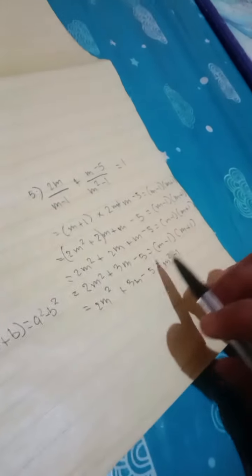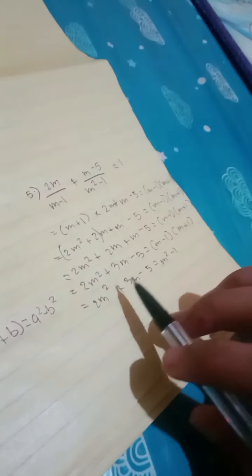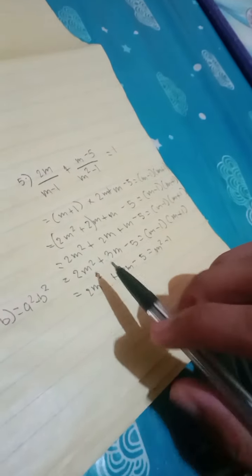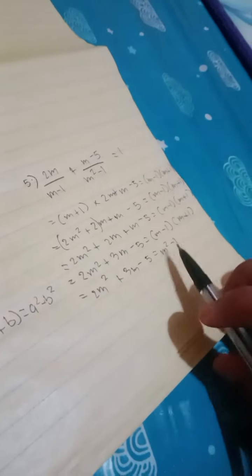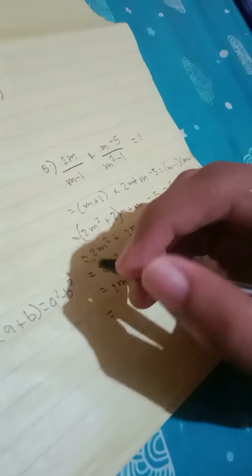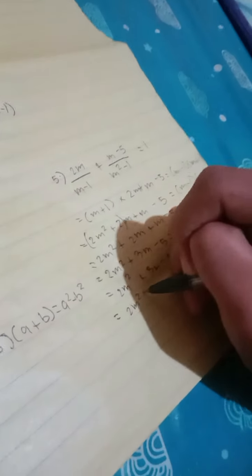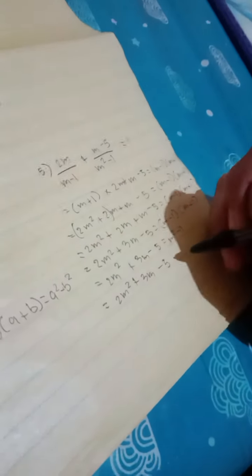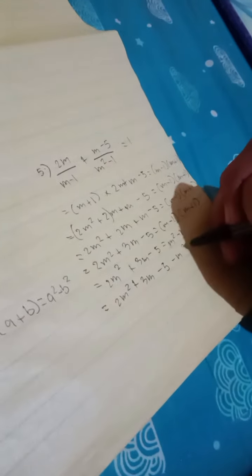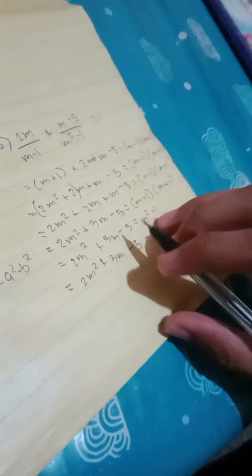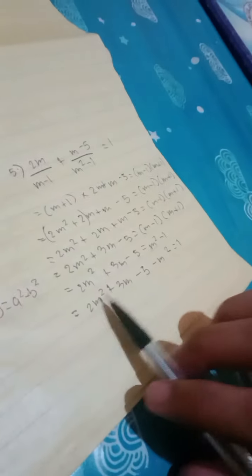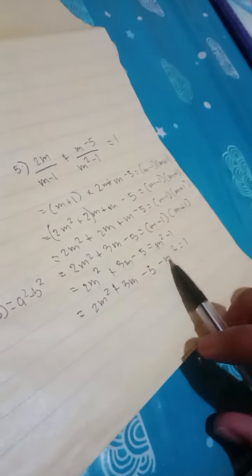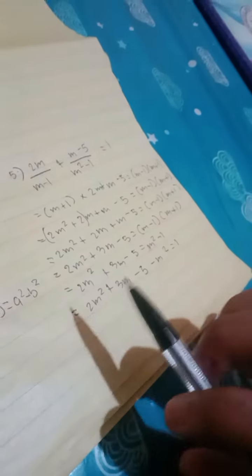Then subtract the m squared from both sides. We're going to subtract it from both sides. Then we can turn this to 2m squared plus 3m negative 5 and negative m squared equals 1. Then combine the 2m squared and the negative m squared to get m squared.